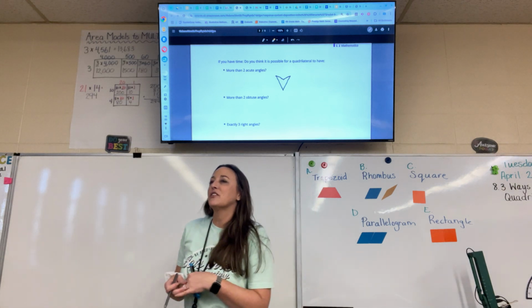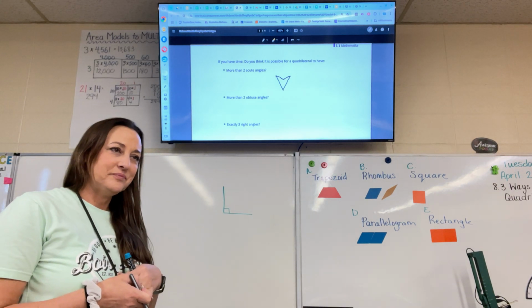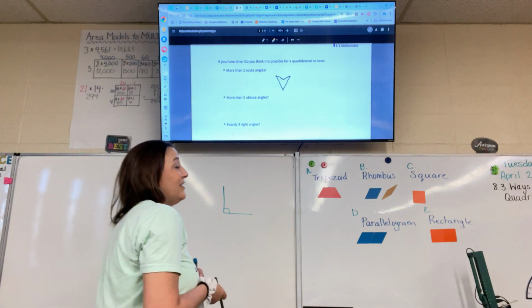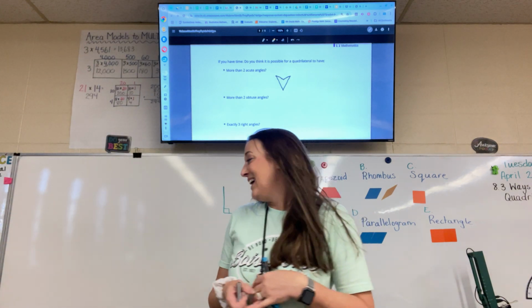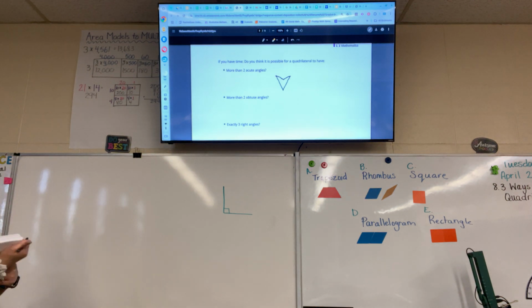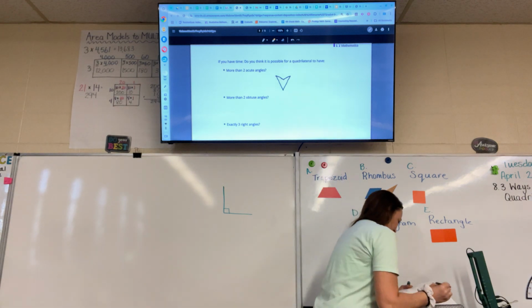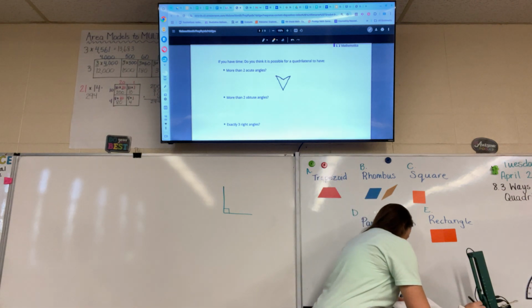Could you draw a figure that has more than two obtuse angles? Yes. You can. And it's pretty crazy because this is what it would have to look like. So it's got a long V shape and then it goes up.